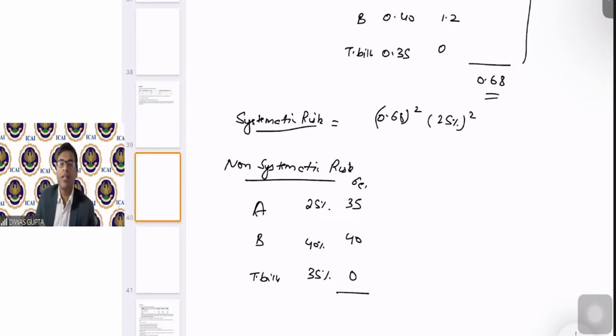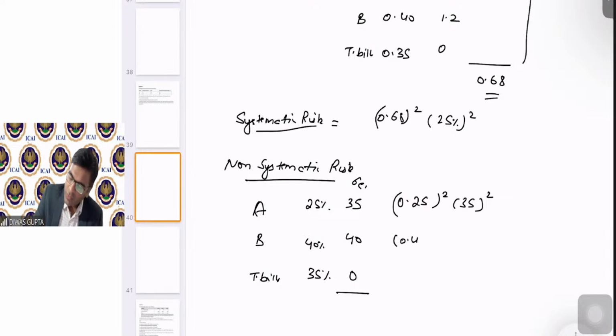Okay. Because there is no risk. If there is no risk, that means it is 0. So here what we will do, 0.25 square, 35 square, 0.40 square, 40 square, and this will be 0.